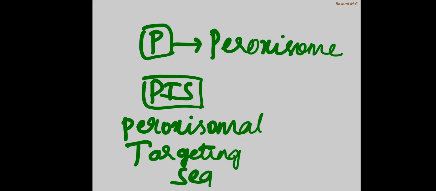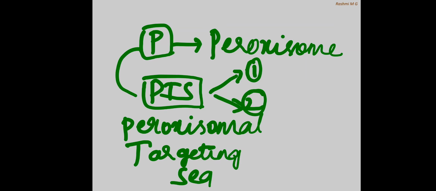There are two known sequences, that is PTS1 and PTS2. So the proteins which are to be translocated to the peroxisome have a particular sequence, what? PTS, peroxisomal targeting sequence.